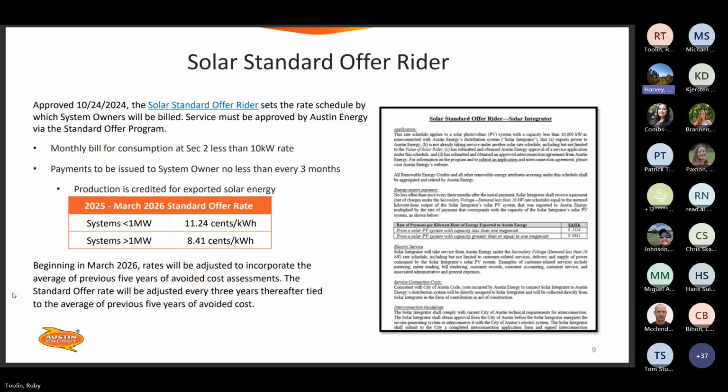They're based on the SEC 2 rate for less than 10 kW. And we'll go over that in a little bit more detail in further slides. But then you'll get that bill for your consumption, and you will also get a check, at least to start with, for your production no less than every 3 months.